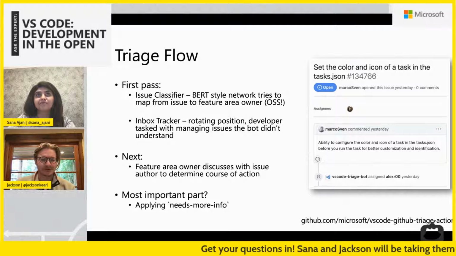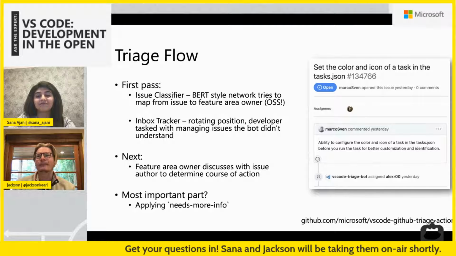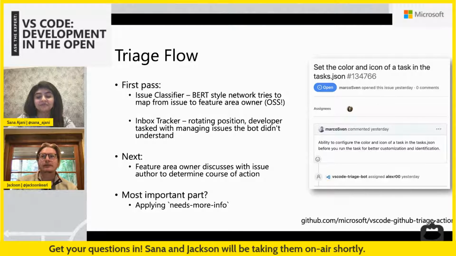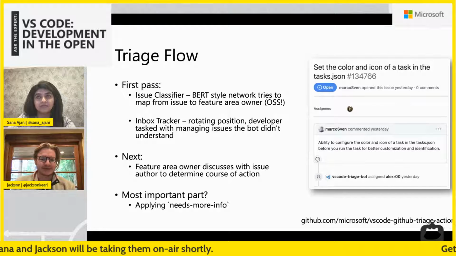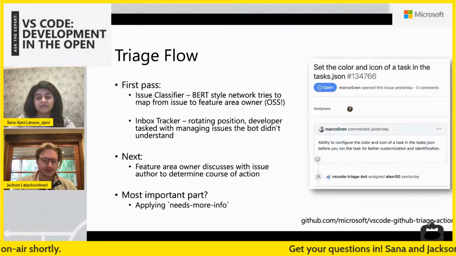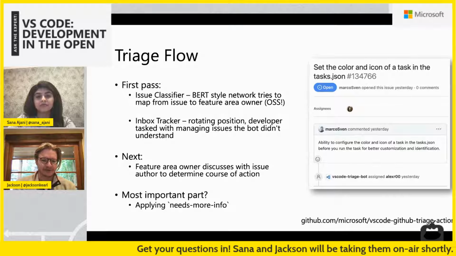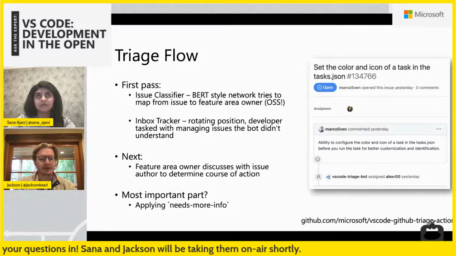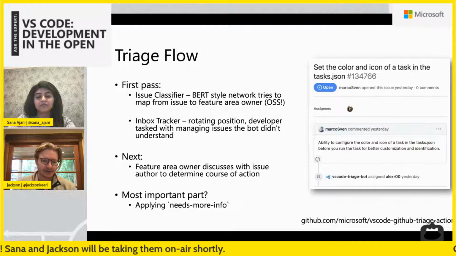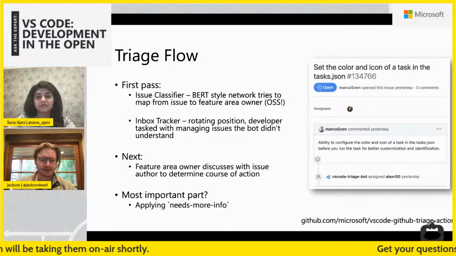It is tuned to work 80% of the time because there's going to be issues, there's going to be bugs, there's going to be things that the issue classifier doesn't know. And instead of giving all of the engineers a bunch of mess to constantly be dealing with, the issue classifier will decide that 20% of the time, okay, I'm not going to touch this, I'm going to let the inbox tracker touch this. And that's another engineer on the team. It rotates each week.